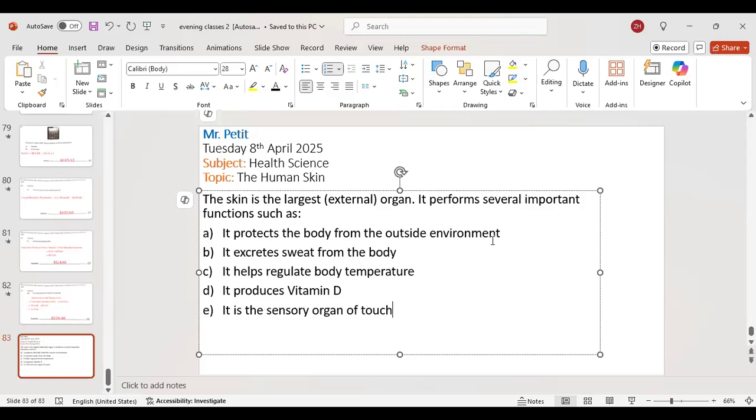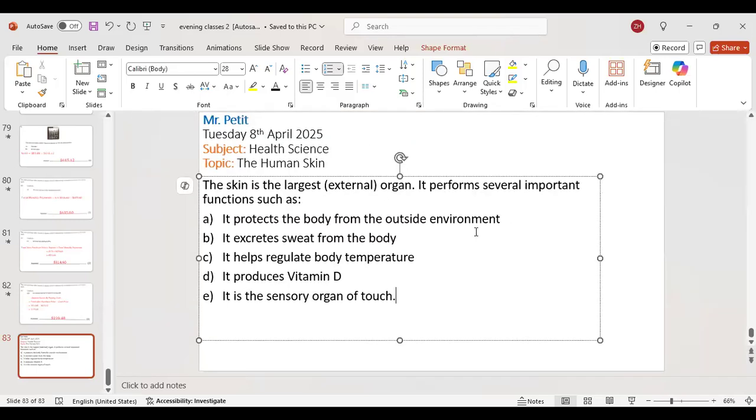So we need the skin for touching, all right? So it protects the body from the outside environment. It excretes sweat from the body. It helps to regulate body temperature. It produces vitamin D, and it is the sensory organ of touch. Okay. Good.